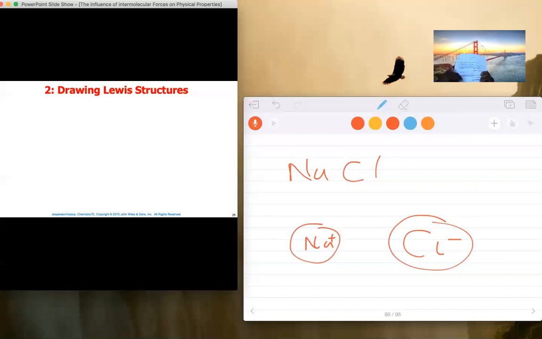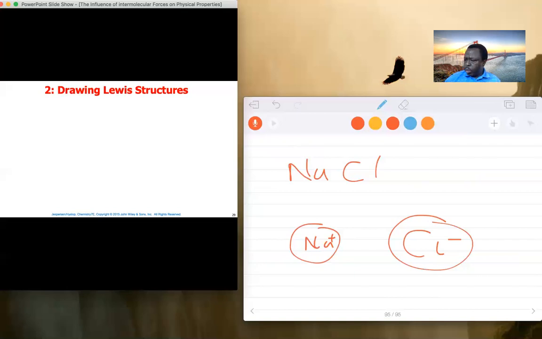You are expected to draw the Lewis structures of alcohol, H2O and acetone, and state whether each is polar or non-polar.